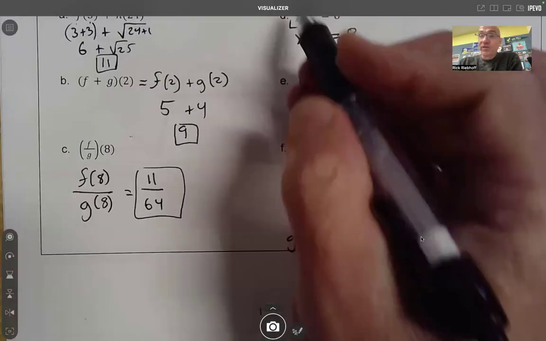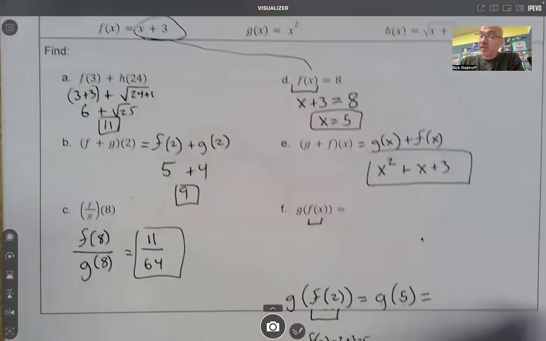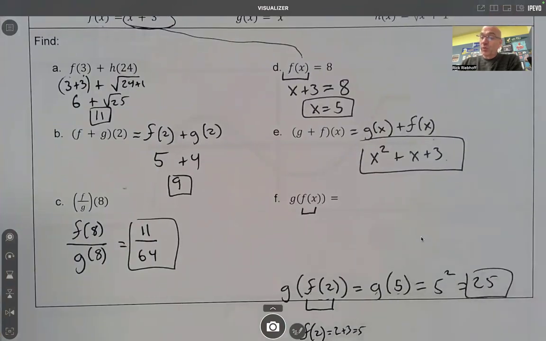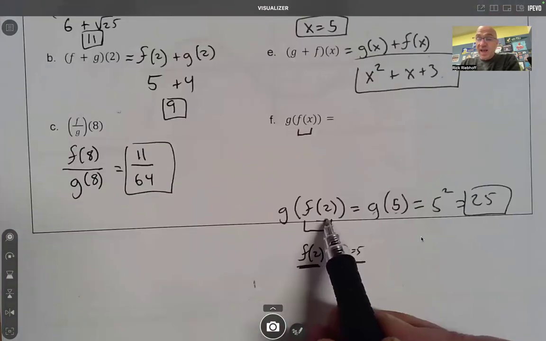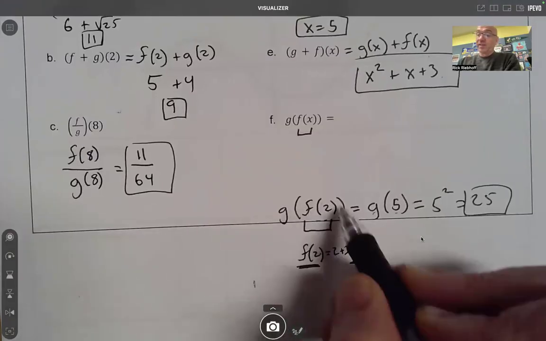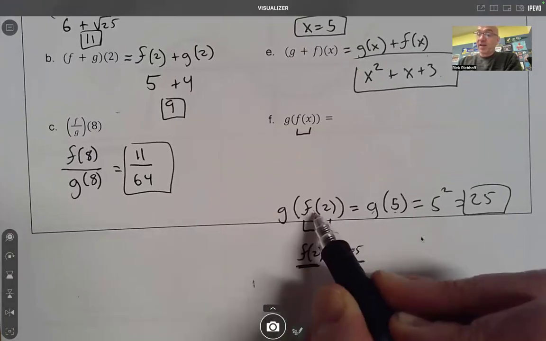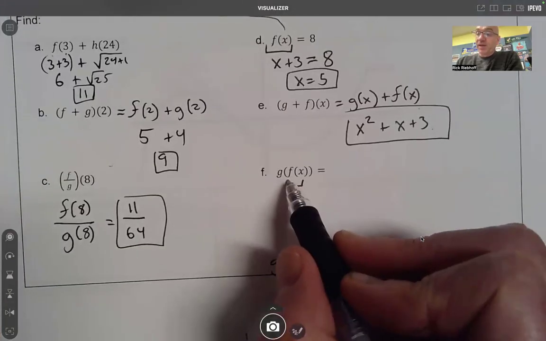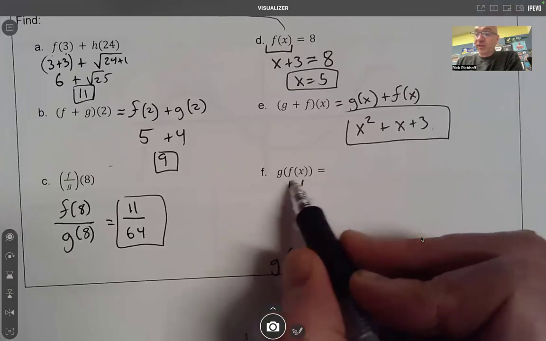G of 5. So you go up here. G machine means we square whatever it is, and that equals 25. So we're working from the inside out on this one. Start on the inside, figure out what that is, plug that into the other one.